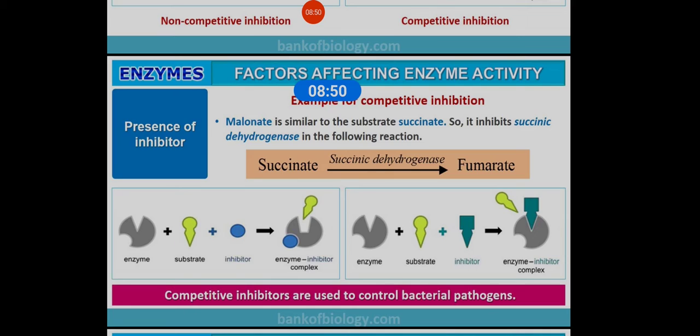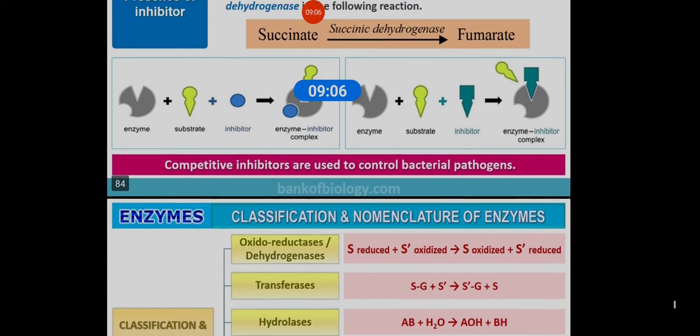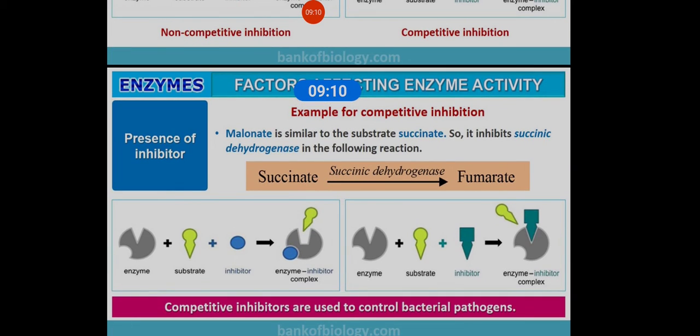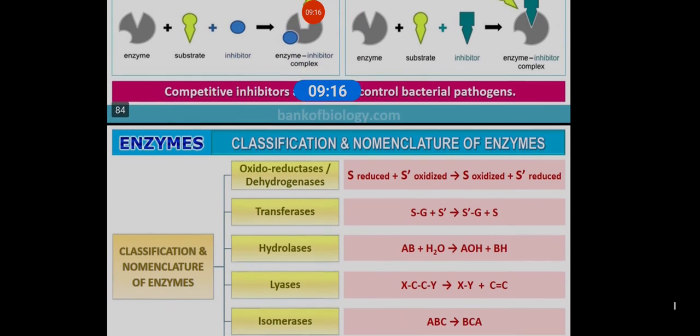Otherwise, succinate combines with succinate dehydrogenase to form fumarate. But now the inhibitor malonate is present, and it will not let the succinate combine with the enzyme. And when they do not combine, the fumarate will not form. So succinate has a structure similar to that of malonate, and malonate is an inhibitor. This is a very good example of competitive inhibition.